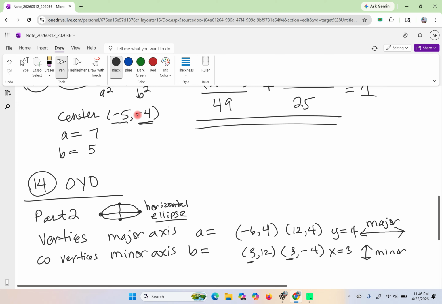And again, this goes along with this being a horizontal ellipse. All right, so the y values are the same. Here are our x values. This tells us that our center is at 3, 4.